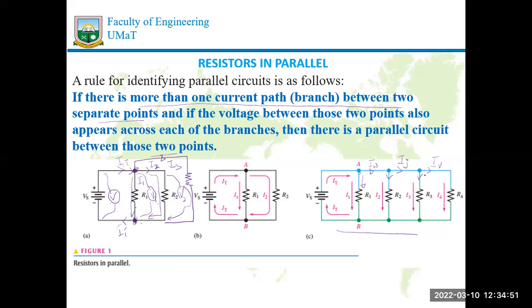So then I can see that all these portions of currents are also trying to sum up again to give me my IT. Then I can say, okay, R1, R2, R3, and R4 are in parallel.